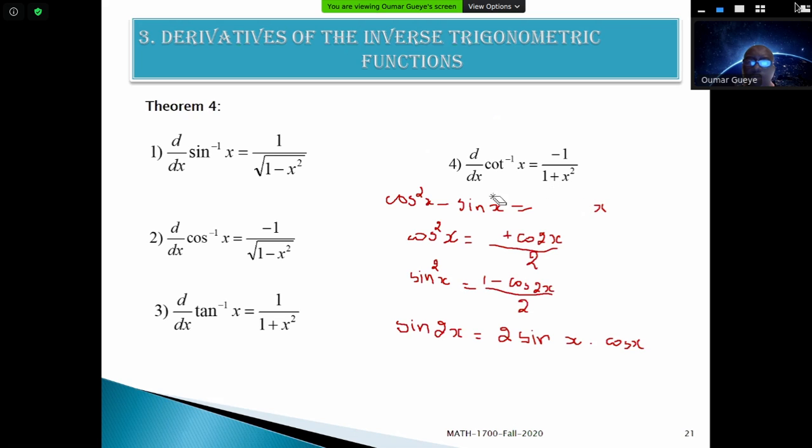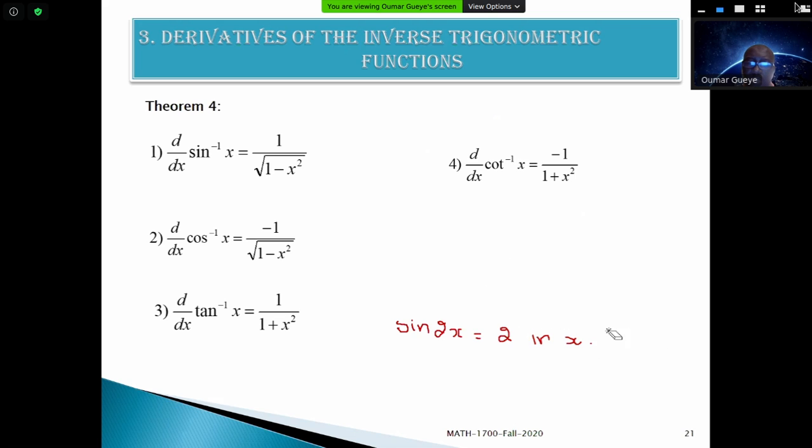So number 4, you can see here, the derivative of cot inverse is similar to the derivative of tan inverse, very close. The difference is just the numerator where you have a negative sign. The negative sign is obtained from the derivative of cot, because when you differentiate cot, it's going to be minus cosecant square. So that's why I have minus here.